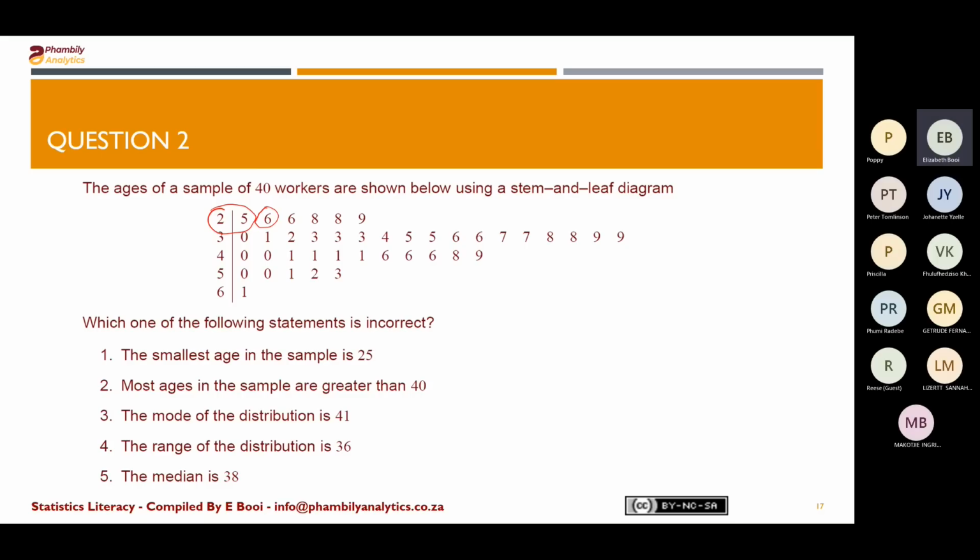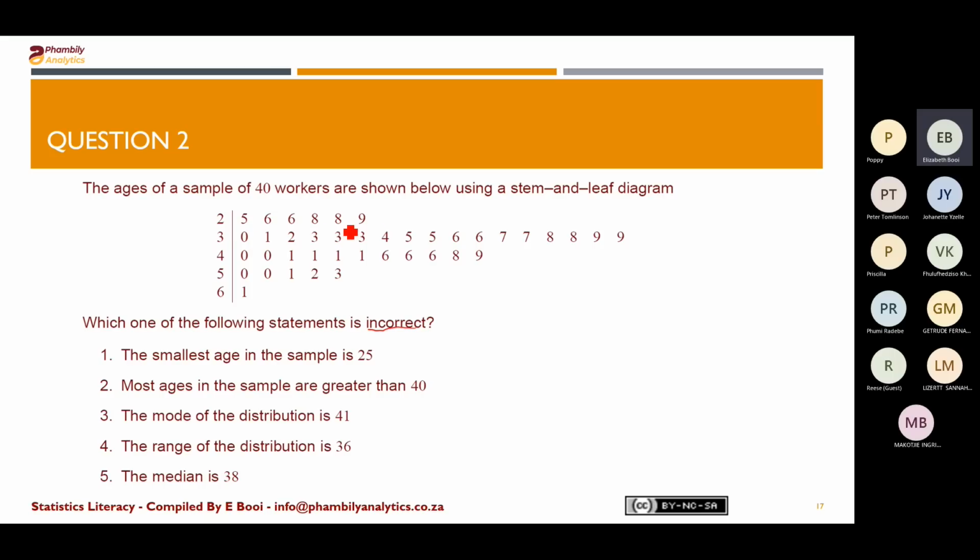So we are told that there are 40 workers here. Which one of the following statements is incorrect? So we're looking for the incorrect statement. Always remember that you need to look at your stem and leaf plot, that they have ordered it. It should be in an ordered array in ascending order, especially the stem and the leaves.